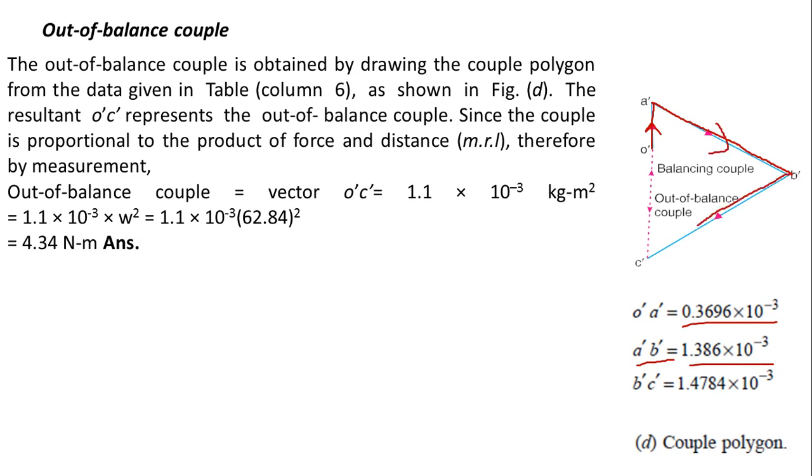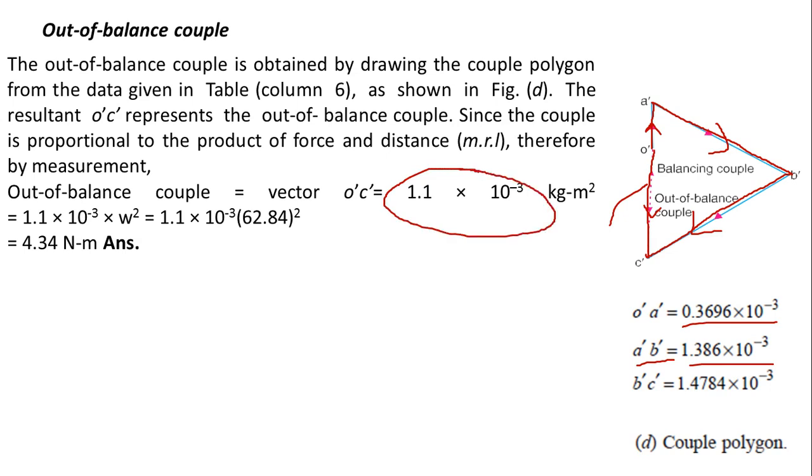Then B dash to C dash, this is again 120 degree. Okay, next the C dash to O dash, whatever vector is there, this will be nothing but the out of balance couple. So the measurement of this will be 1.1 into 10 to the power of minus 3.